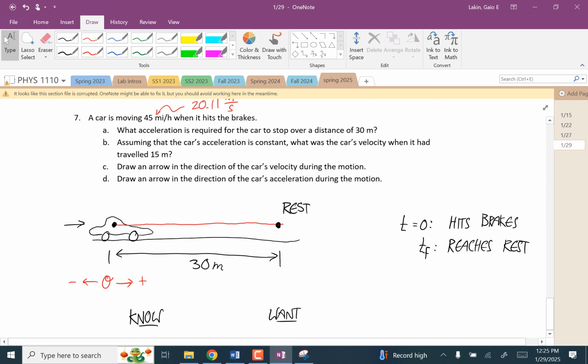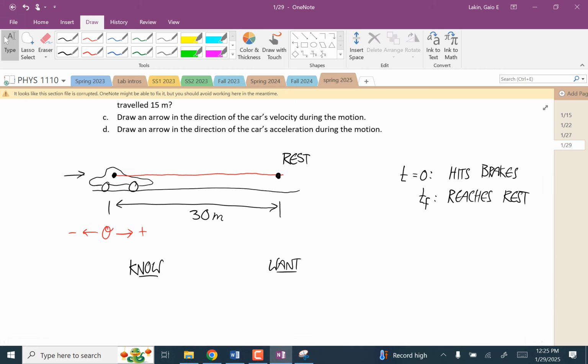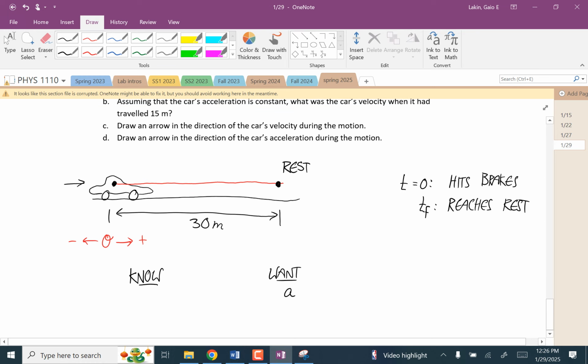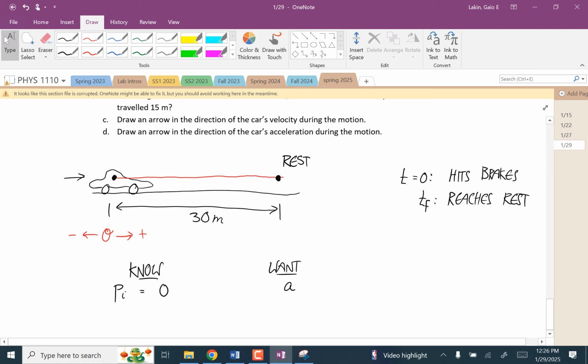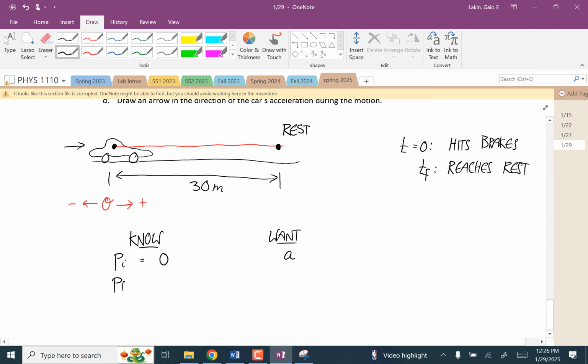Okay, do we know how long it takes in time? Do we know what the stopwatch says at the end of the motion? No. Do we know the acceleration? No, that's what it's asking for part A. Do we know the position at time 0? We do. What is it? 30 meters. At time 0, it's 0, because that's where we start, but yes, our P final is 30 meters.